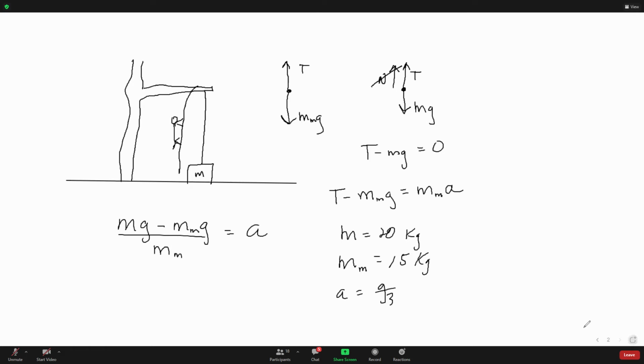Okay, let's look at the problem of a non-inertial frame of reference. So let's say we have an elevator, and the elevator has a little scale on it, and you're standing on the scale.